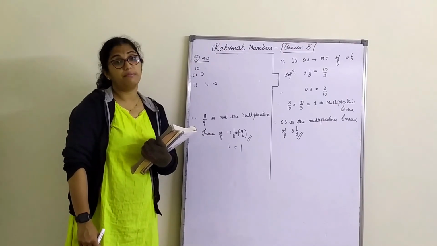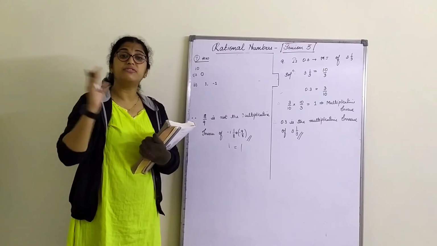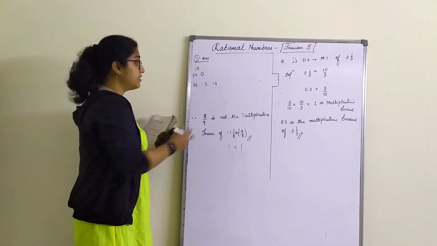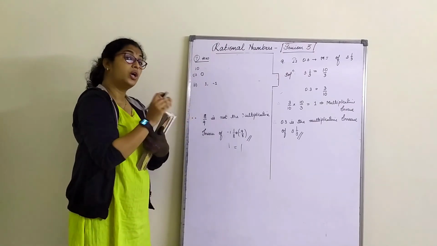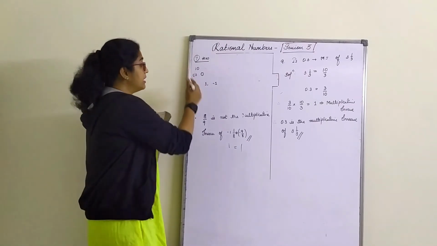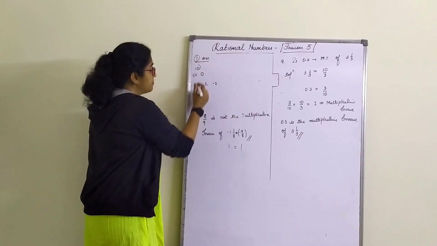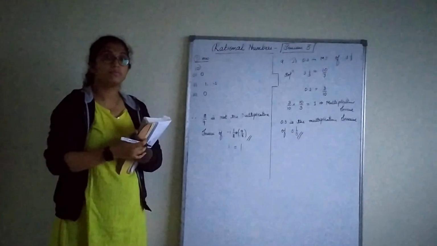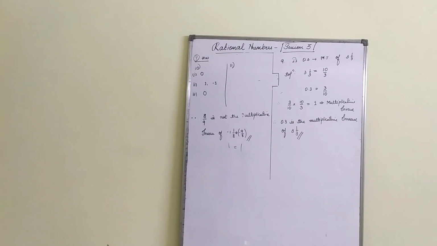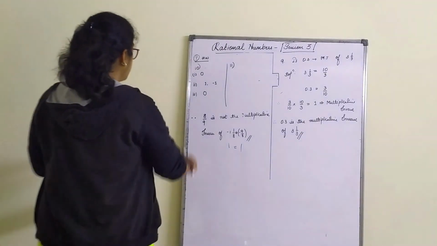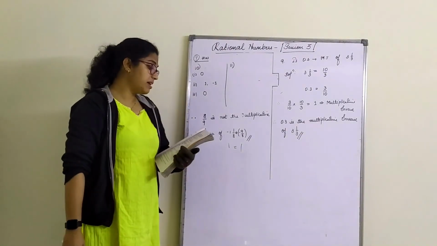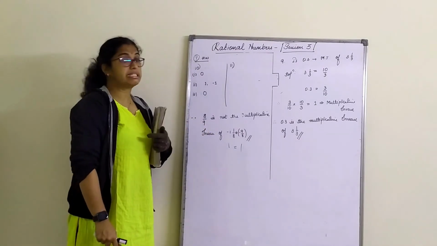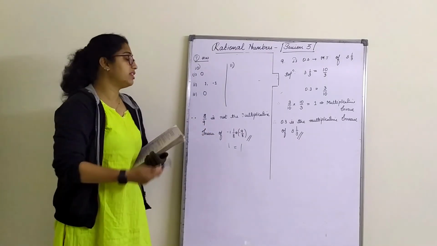Which is a rational number that even if I write its negative, it is again equal? Do you think this is 1? No. 1 is different from minus 1. The answer is 0.